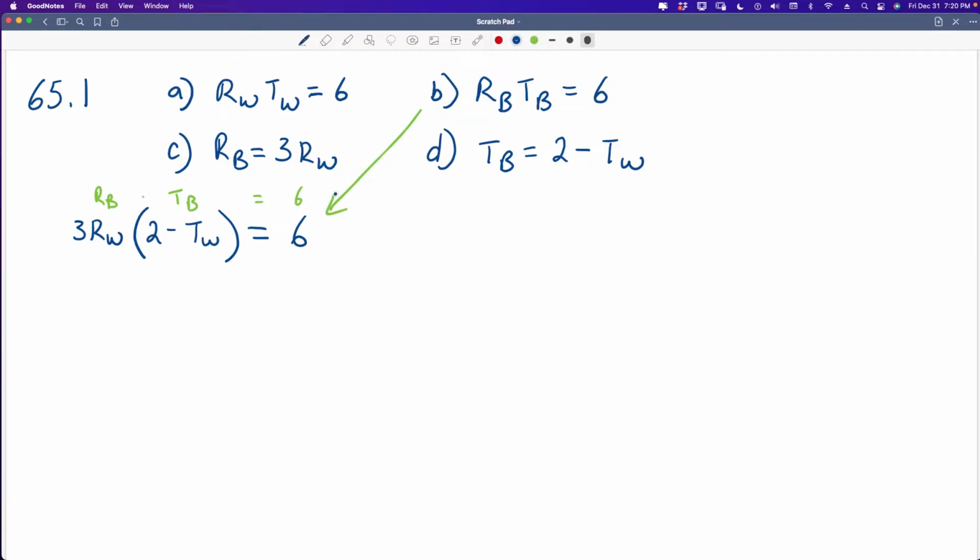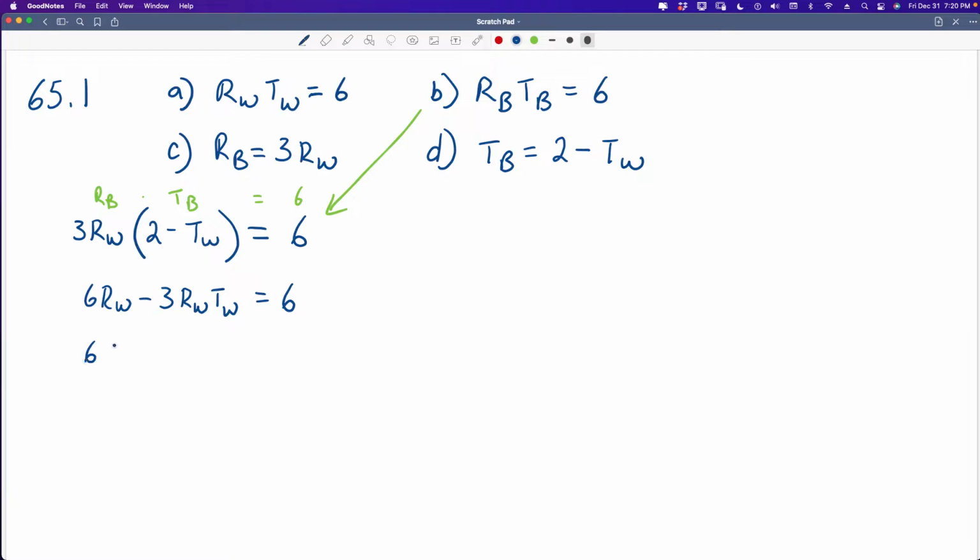All right, let's go ahead and solve this out by distributing the 3RW to what's inside the parentheses. So that's going to be 6RW minus 3RW times TW equals 6. Well, we are told that RW times TW is 6. So we can take this value and substitute it in here.